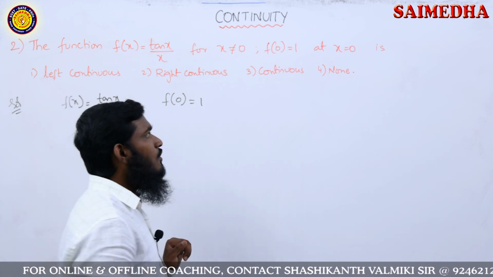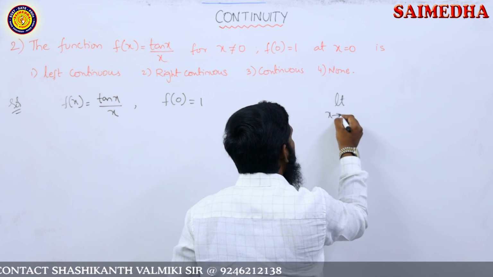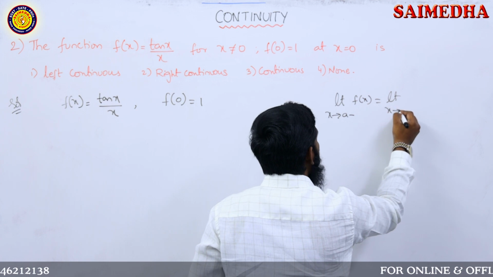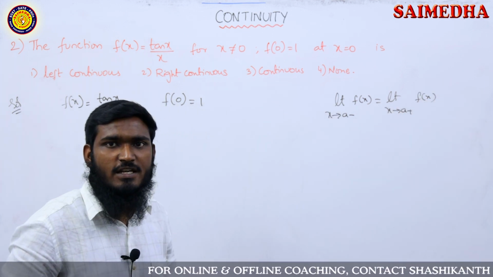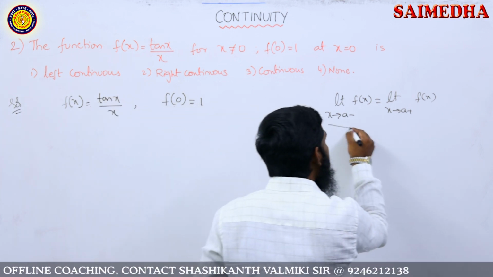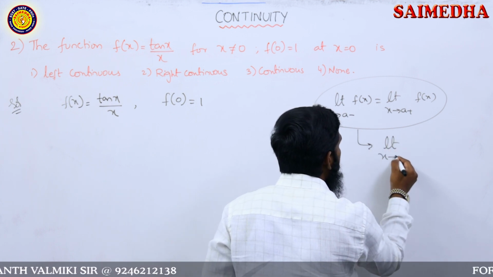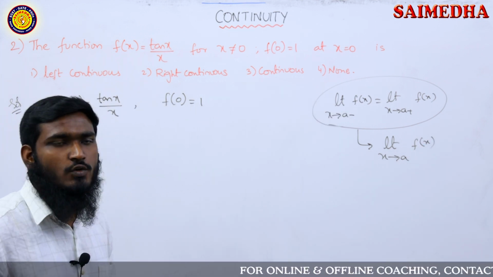Is it clear? So we have already discussed the condition for the limits. What is it? Limit x tends to a minus f of x is equal to limit x tends to a plus f of x. If LHL value is equal to RHL value, the limit exists. If the limit exists, then instead of this complete part, we can write limit x tends to a f of x.